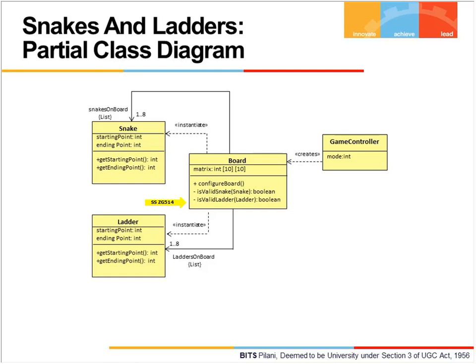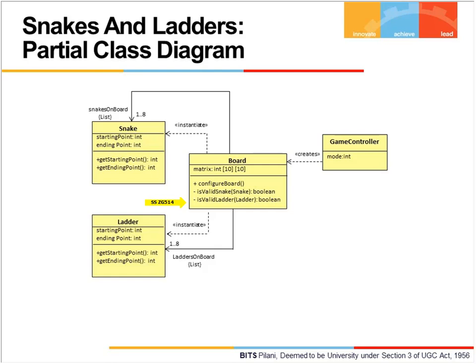These two methods return Boolean, and they are used when you configure the board. So when you configure the board, the input is provided for the starting point and the ending point of a snake. And if you remember, we need to check whether, given the starting and ending point, it would be a valid snake or not. So these two methods help you find out whether it's a valid snake or not.